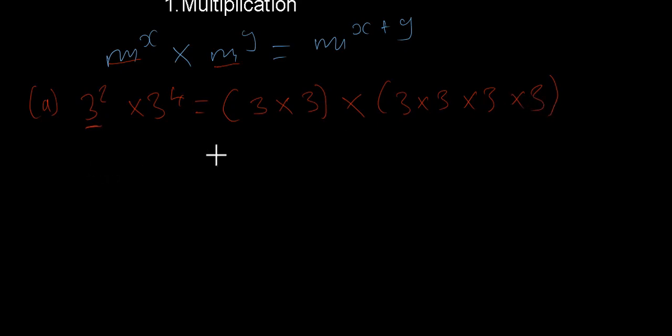This is going to be 3 multiplied by 3 multiplied by 3 multiplied by 3 multiplied by 3 multiplied by 3, so this should be 1, 2, 3, 4, 5, 6.